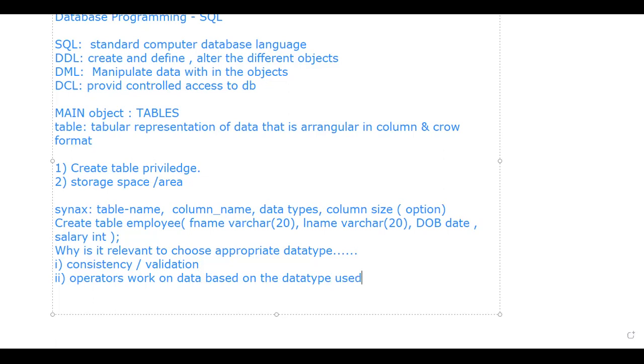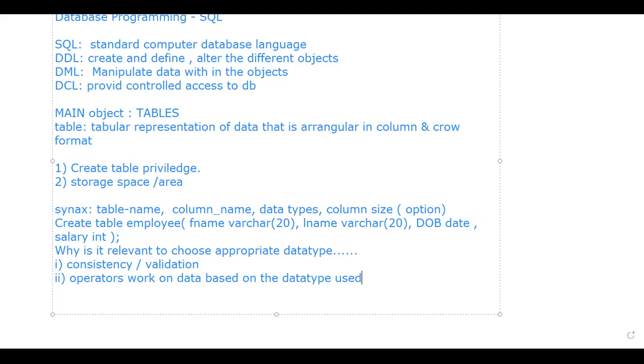I see hands are still up. I'll open the floor once again. I wanted to explain briefly what I think Kalule was bringing on board, and a point in regard to why choosing data types is relevant. We're dealing with data, and there has to be some form of manipulation.